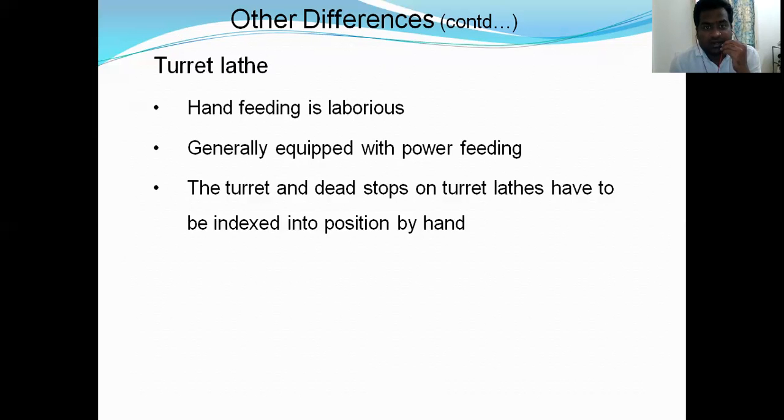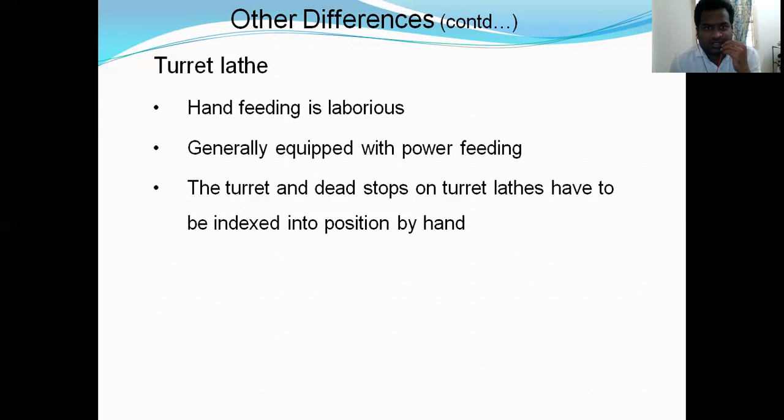Now, the indexing is also done by indexing. Indexing means we have to change the cutting tool position. After doing the drilling operation, next we have to bring in the boring tool, right?